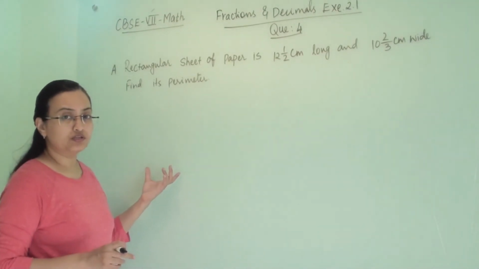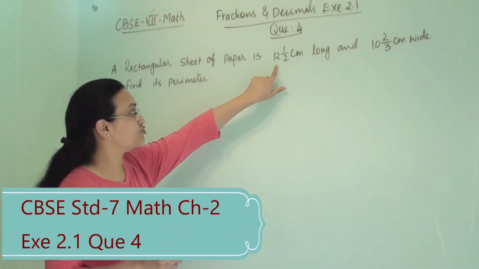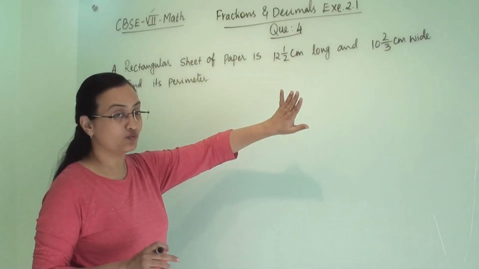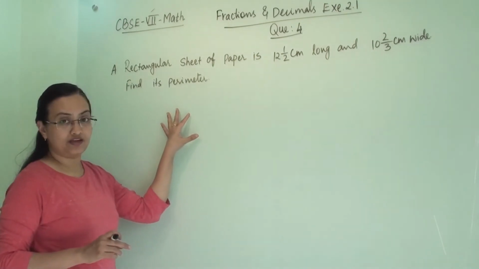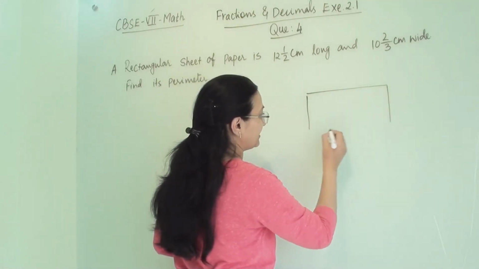Exercise 2.1, question number 4. A rectangular sheet of paper is 12 1 by 2 cm long and 10 2 by 3 cm wide. Find its perimeter. First of all, what is perimeter? Let us draw a rectangle.